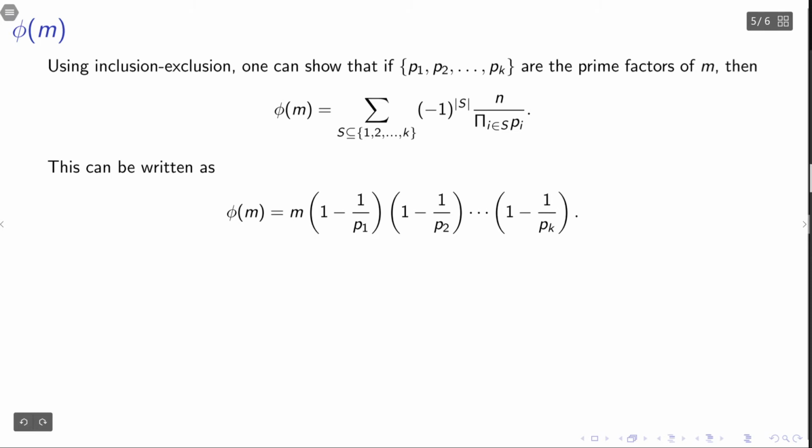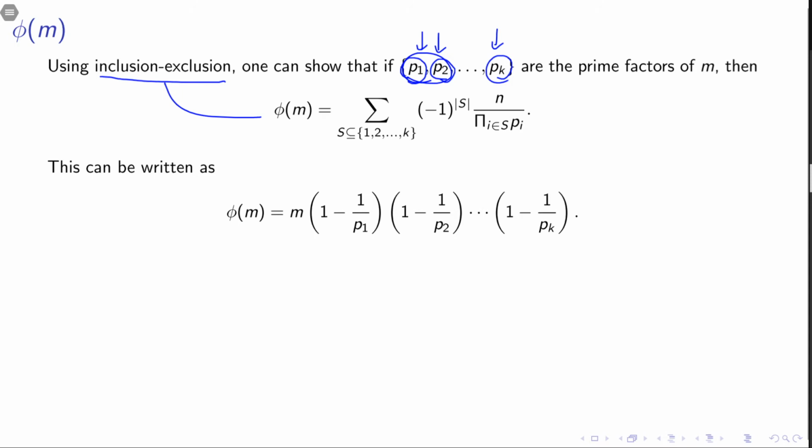This is actually something you have seen before when we talked about inclusion-exclusion. You just have to basically look through each prime factor of m and start removing integers divisible by p1, p2, and so on until pk individually, and then adding back all integers divisible by pairs, right?